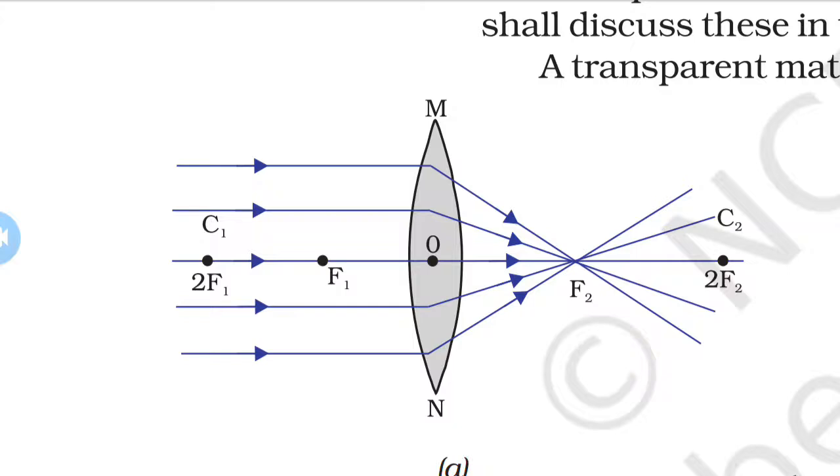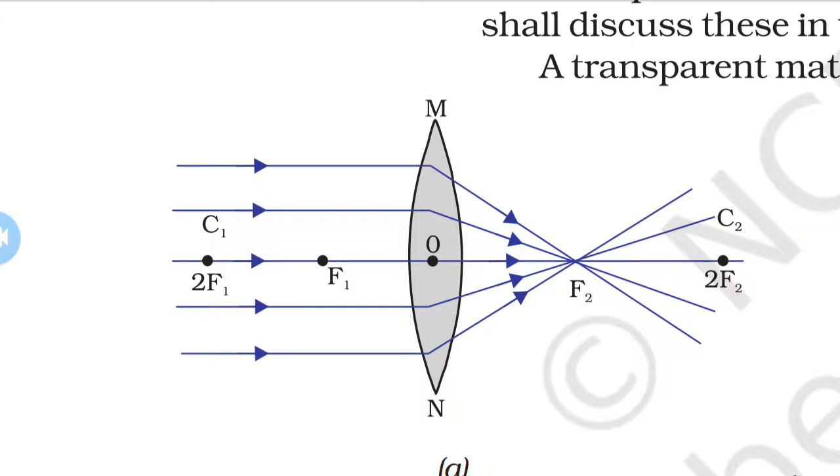Now the next term, principal focus. When rays parallel to the principal axis of a convex lens are refracted through the lens, they converge at a point on the principal axis, and this point is called the principal focus F of the convex lens. A lens has two principal foci, F1 and F2, on either side of the lens.